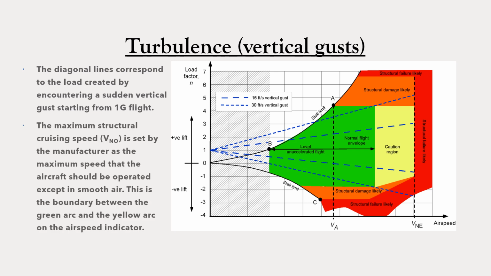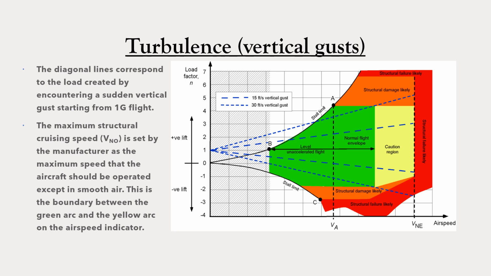The manufacturer sets a speed limit called the maximum structural cruising speed, which you should not operate above unless you're in smooth air. So if you're in gusty conditions, you want to stay below that speed.